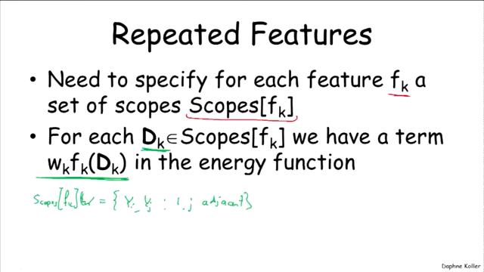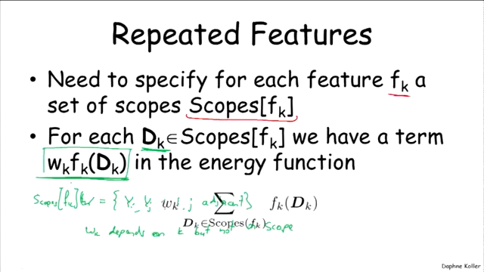And every time that we have that feature applied, we're going to have a term that multiplies the value of that feature times the weight, which is shared. The weight depends on the feature, so wk depends on k, but not on the scope. So this is just a way of replicating the feature with its weight across different subsets of random variables in the image or in the model.